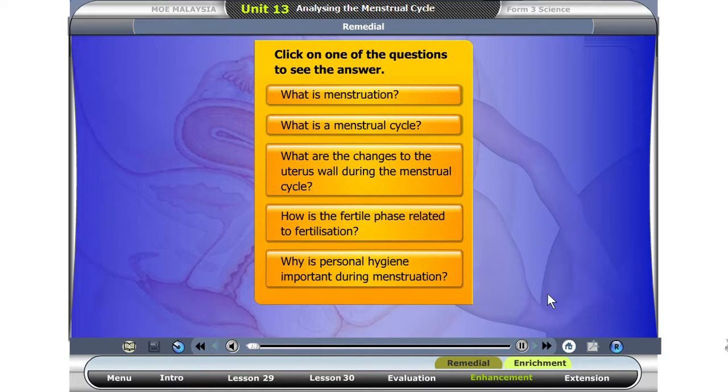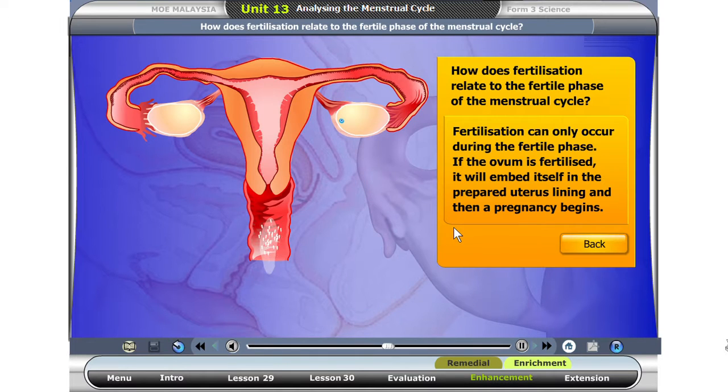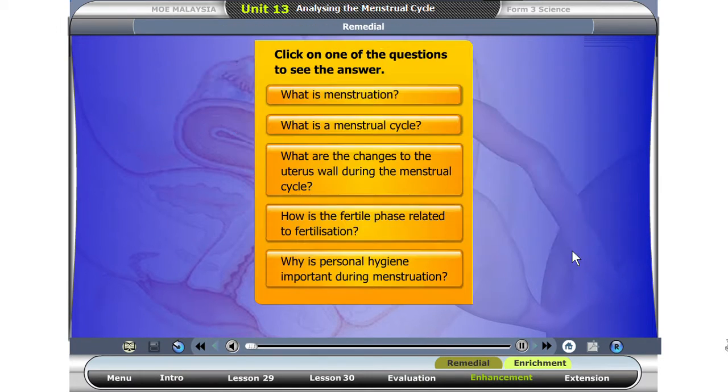Click on one of the questions to see the answer. How does fertilization relate to the fertile phase of the menstrual cycle? Fertilization can only occur during the fertile phase. If the ovum is fertilized, it will embed itself in the prepared uterus lining, and then a pregnancy begins.